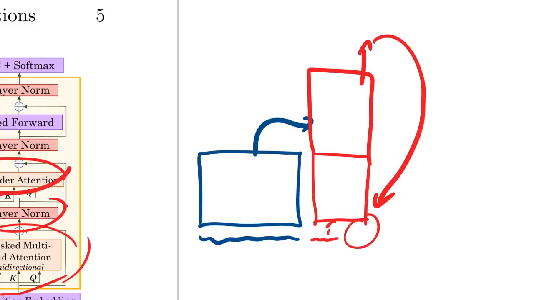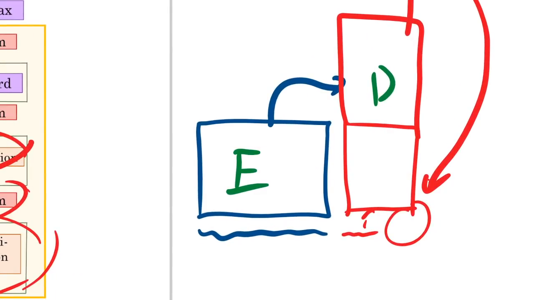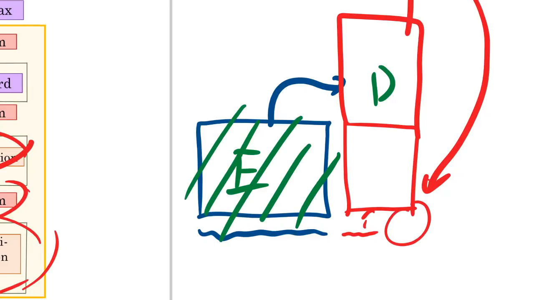The only difference right here is that the, I mixed this up. This is the decoder, this is the encoder. The only difference right here is that this encoder is no longer a transformer, but is this ResNet 50.